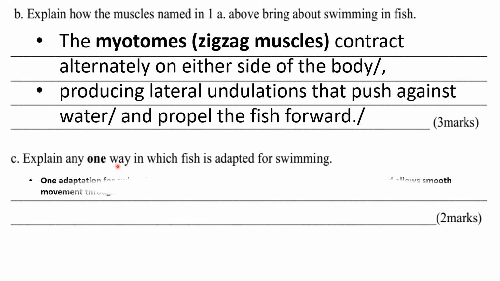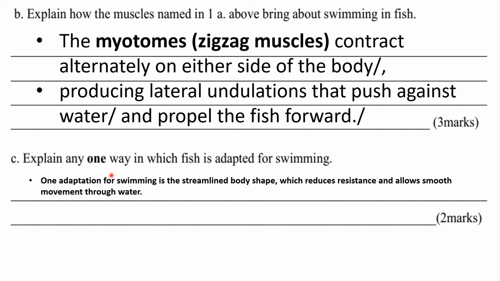Fish have a streamlined shape. The use of the streamlined shape of the fish helps it to cut drag, or drag force, to reduce drag force, which is resistance to water flow, and allows the fish to move smoothly through water.